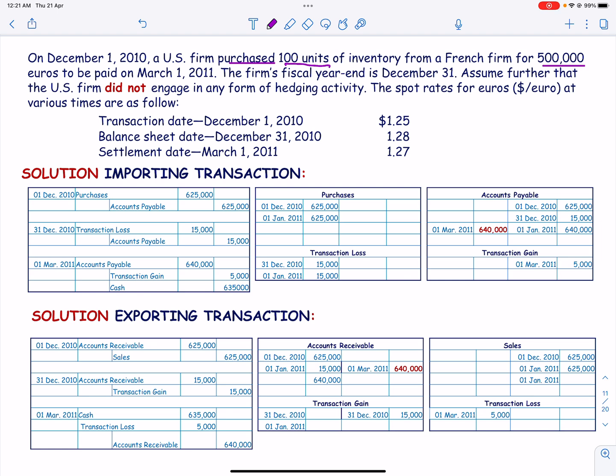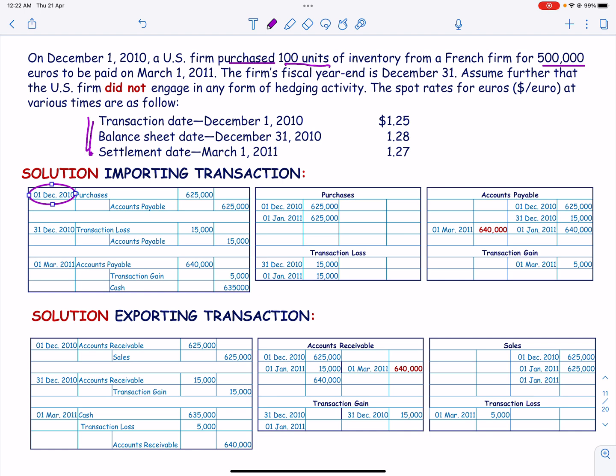The firm's fiscal year end is December 31. Assume further that the US firm did not engage in any form of hedging activity. The spot rates for euros in dollars at the various times are given here. So the US firm would prepare the following journal entry on December 1.